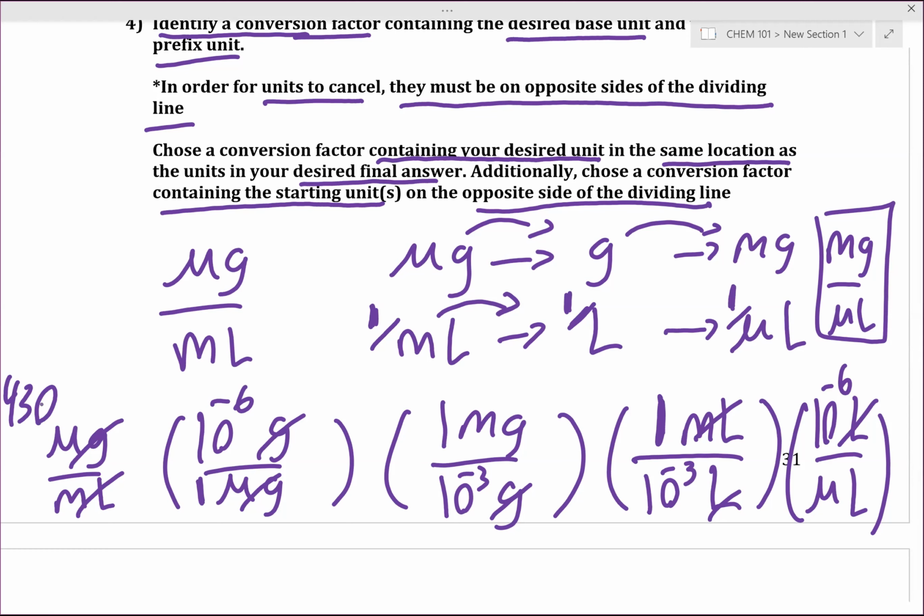Okay, now let's switch to the document cam and let's discuss how to punch this into your calculator. So what number are we starting off with? 430. So lo and behold, we're going to enter 430 into our calculator. Okay, for our next step, what are we multiplying by?